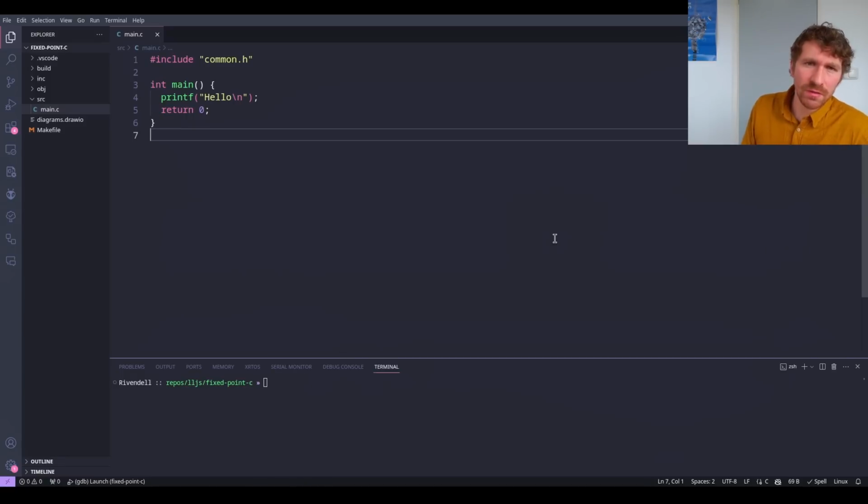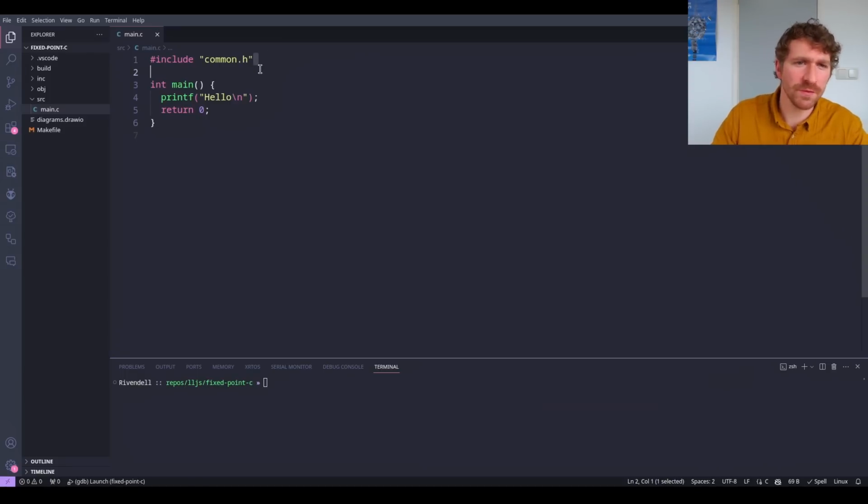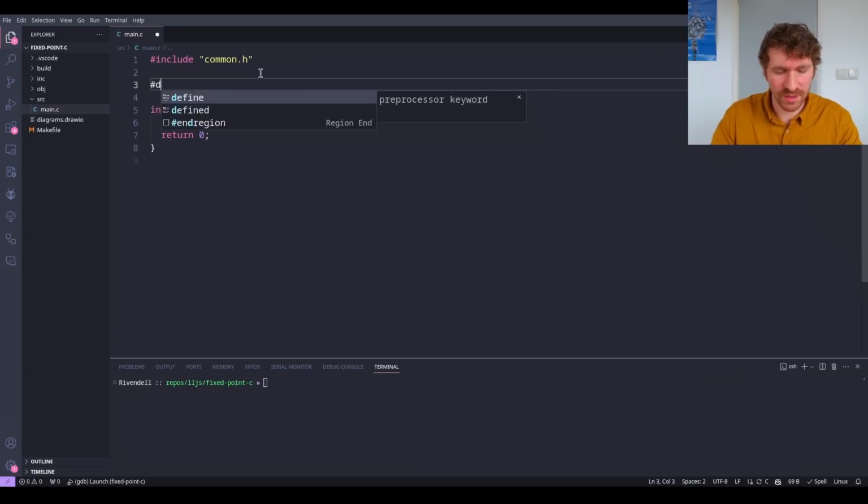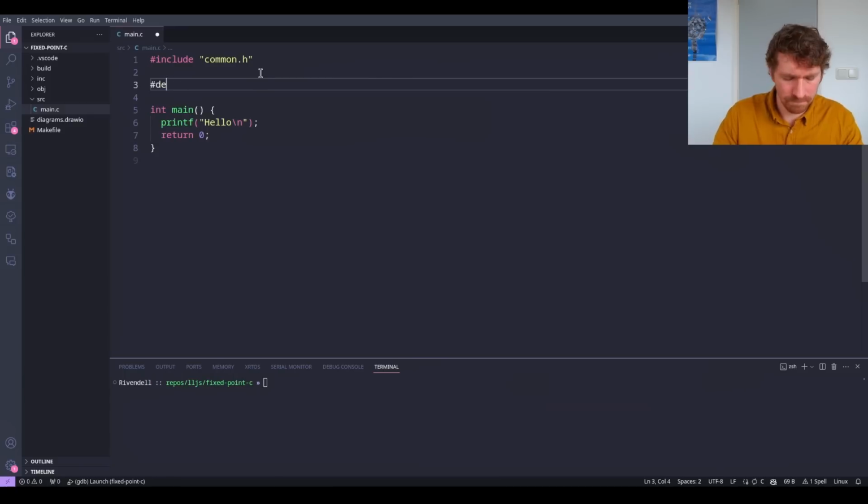Let's start by thinking about how we formalize this idea of setting our radix point somewhere. First of all, I want to define something that says this is our fixed point integer type. I'm imagining here that we would be writing a library that we could use again and again. So the idea is that we would say what kind of integer type we're using, because we don't know.